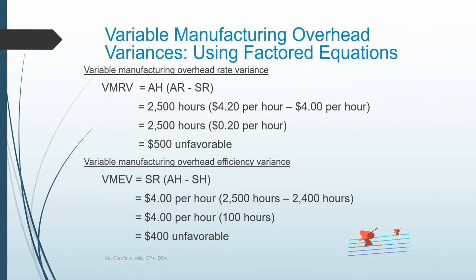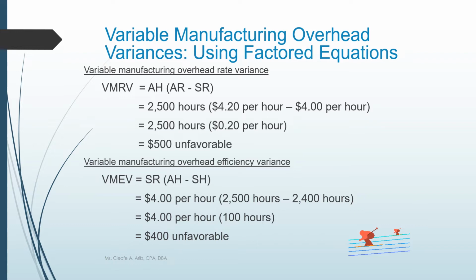And so, just like your materials and labor variances, I will share also to you how to solve your variable manufacturing overhead variances using your factored equations. These are what I was referring to from the previous slide as the shortcut.